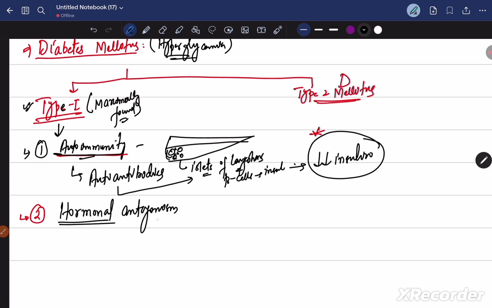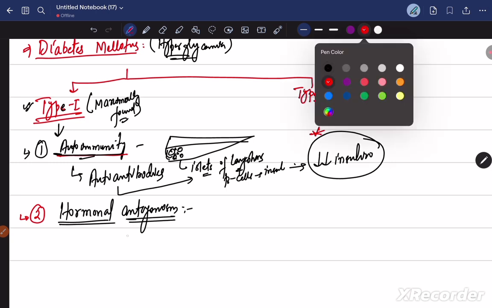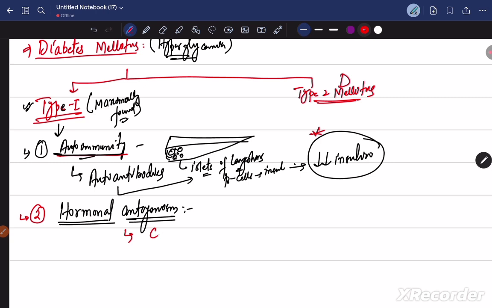What happens in hormonal antagonism? Let us discuss it. You must remember one thing, that canines are non-seasonally monoestrous. What does it mean?